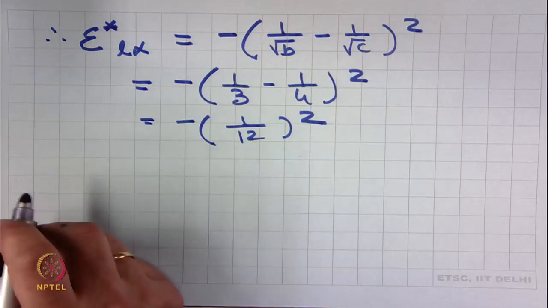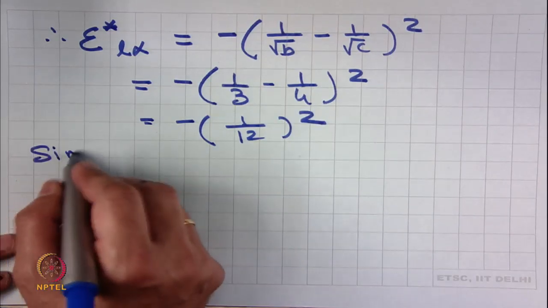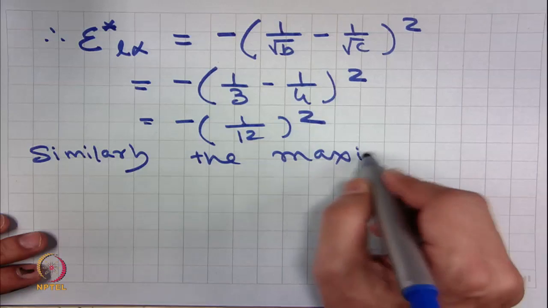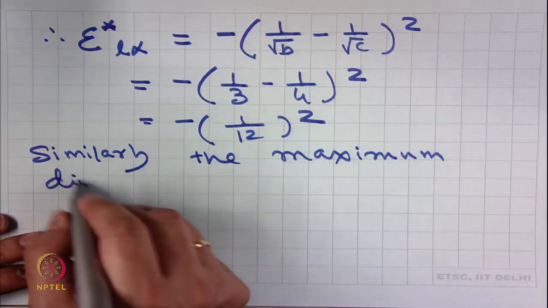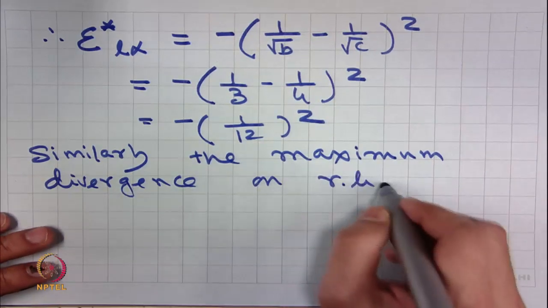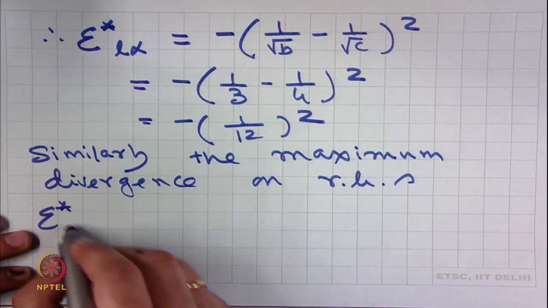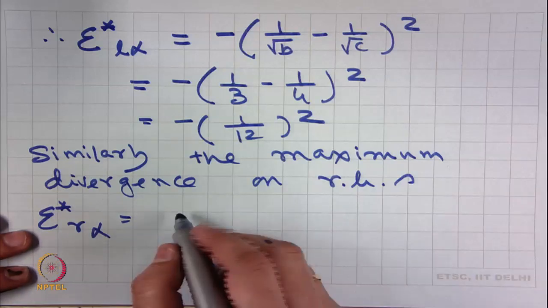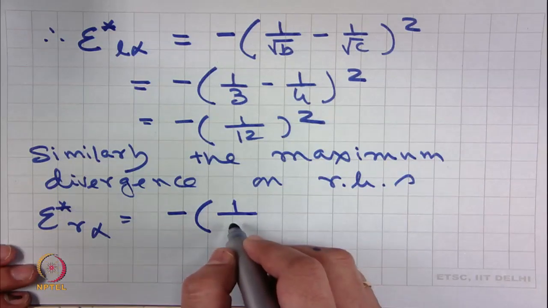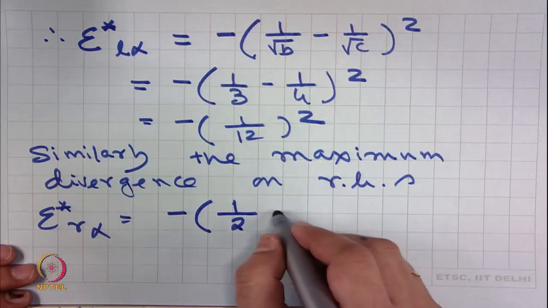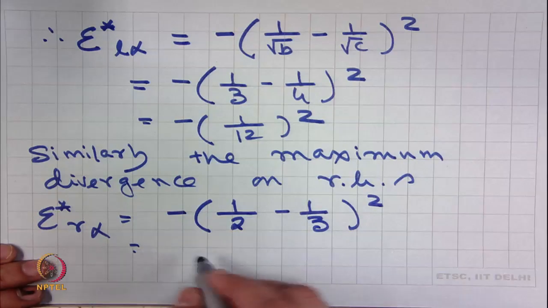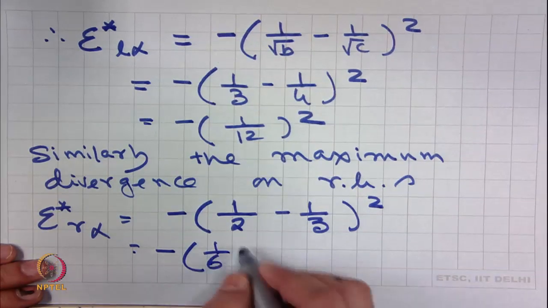Similarly, the maximum divergence on right hand side, epsilon star R alpha, is equal to minus (1 upon root a, which is 1/2, minus 1 upon root b, which is 1/3) whole square, is equal to minus (1/6) whole square.